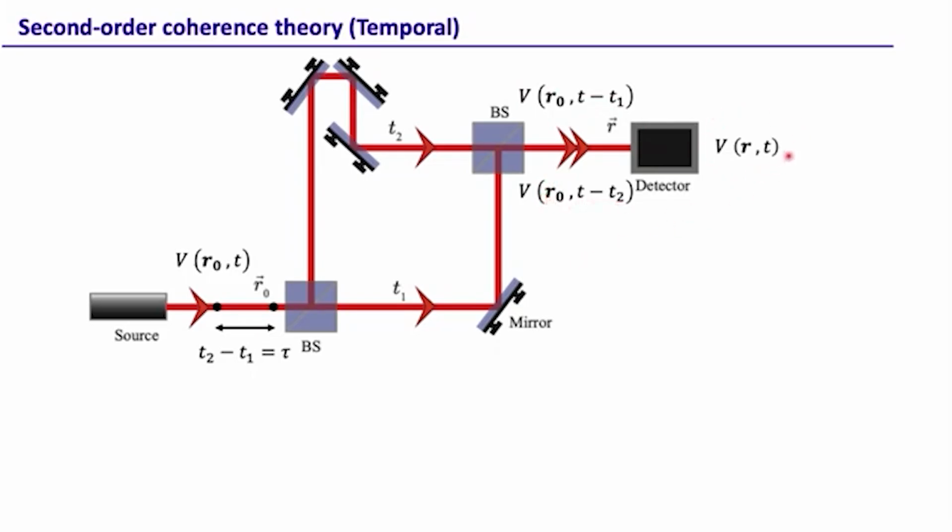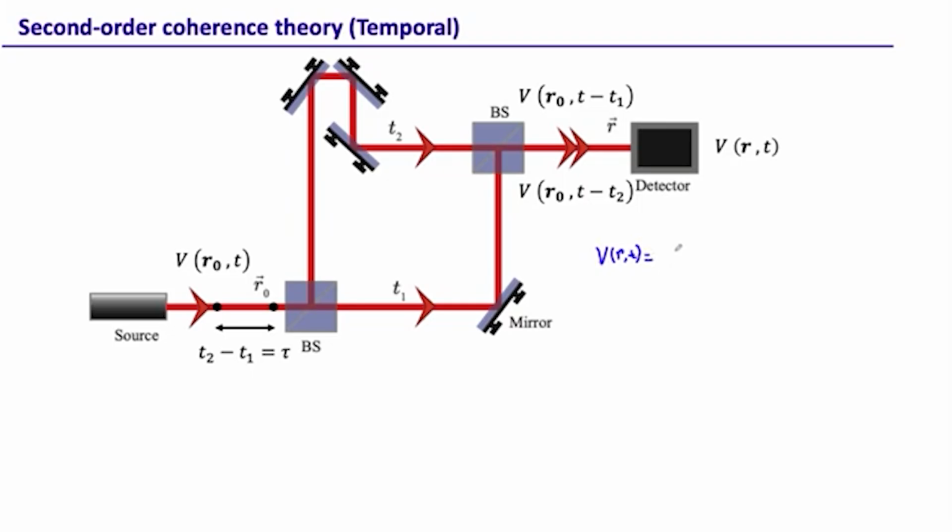So what is this field V(R, t)? That means the field at this detected location. We can write V(R, t), and it has two components.